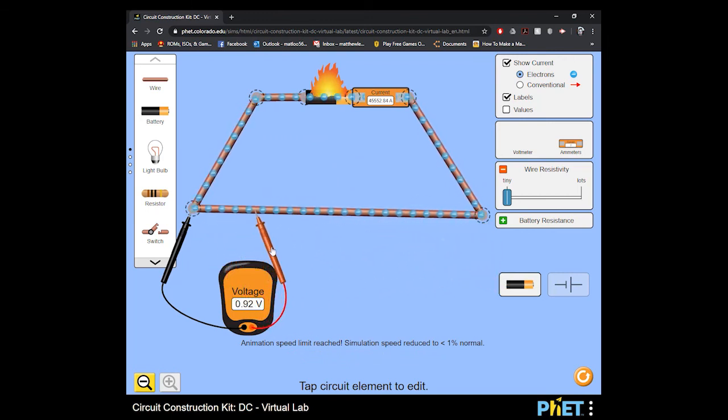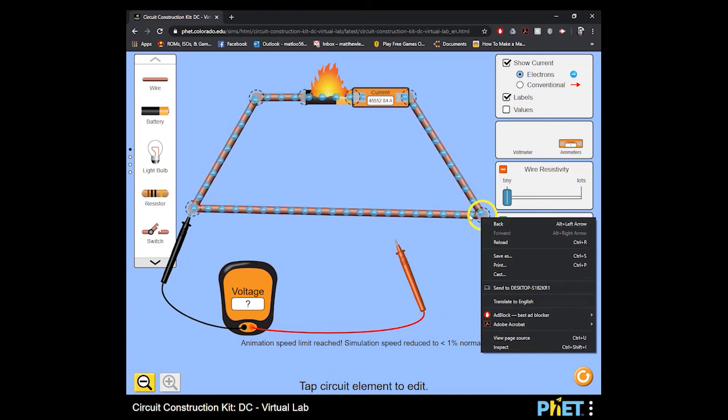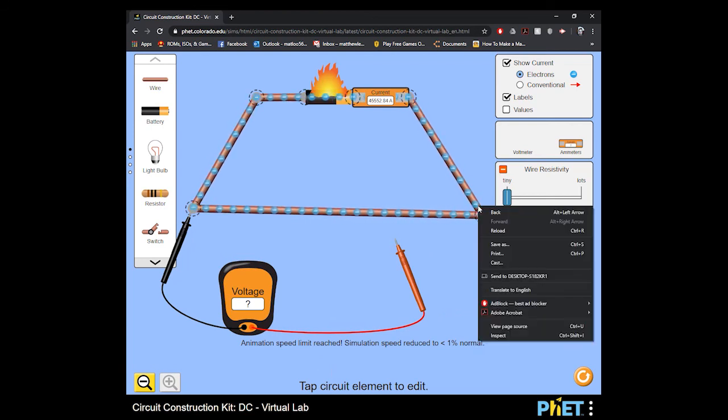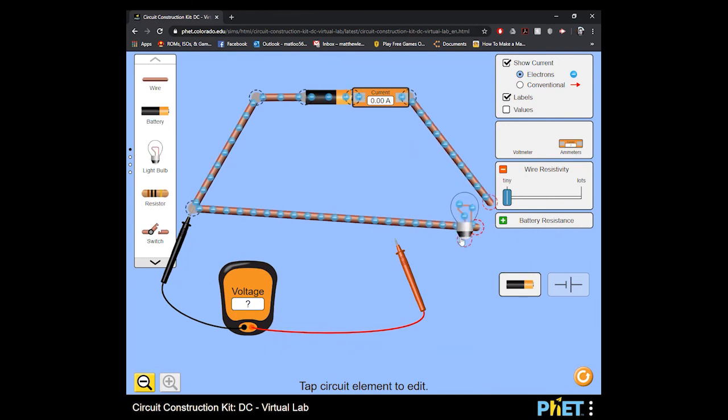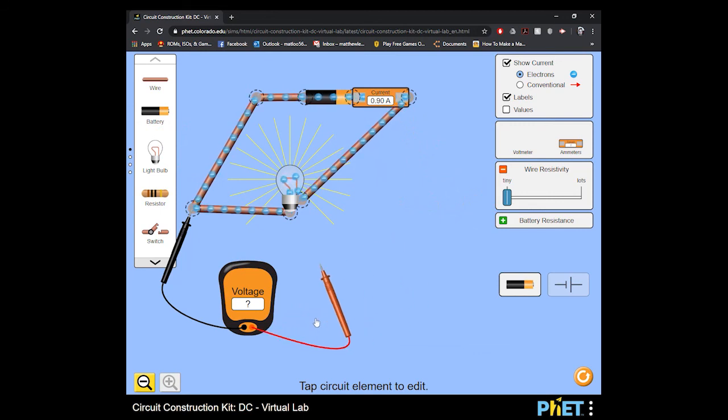It still has some resistance, as you can see by the length of this increasing massively, but if we add a component like a light bulb into our circuit, then the resistance of our wire is so tiny compared to our bulb that all the voltage goes onto the components that we're using. Okay, excellent.